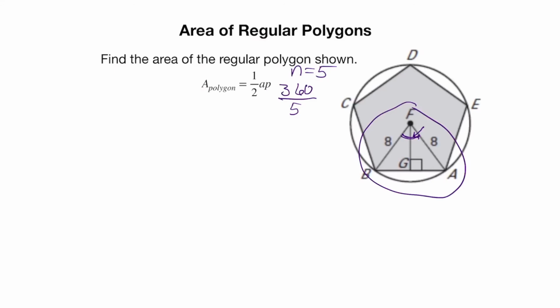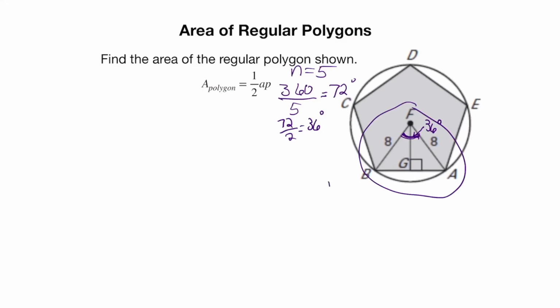And 360 divided by 5 is 72 degrees, which means that's that whole big angle here, angle BFA. So I want to find half of it, the angle AFG. I'm going to take 72 over 2, which is 36 degrees. So one of those angles is 36 degrees.